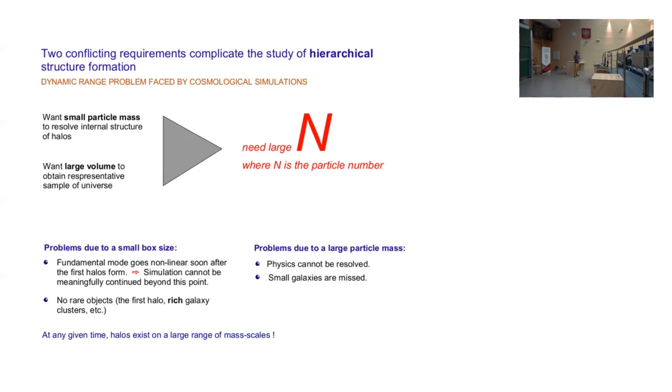So if you want to measure the mass of a Milky Way halo, which is let's say 10 to the 12, but your particle mass in the simulation is 10 to the 11, it means you only have 10 particles per Milky Way halo. And this is a random process, it's Monte Carlo. You by chance might miss 2 particles, and then you will say the mass of the Milky Way halo is 20% lower. Or you might add 5 particles by just random chance. It's shot noise. So this means you won't be able to resolve physics if you go close to the particle mass limit. So small galaxies are also missed because of that.